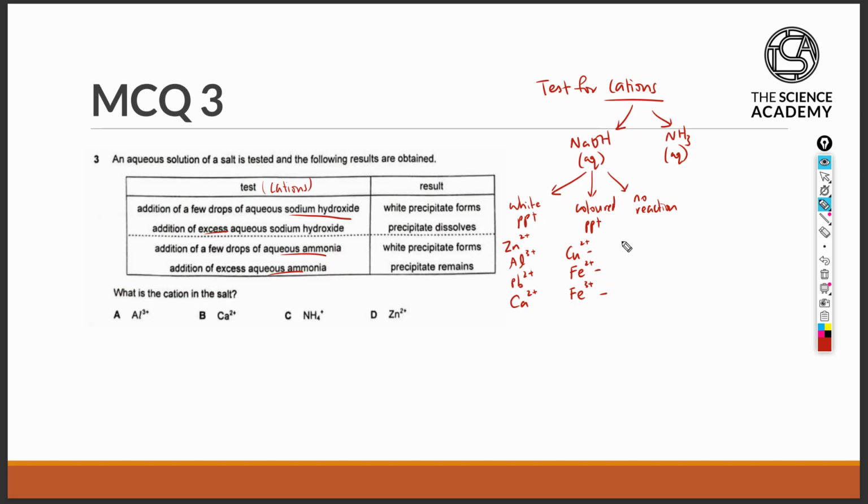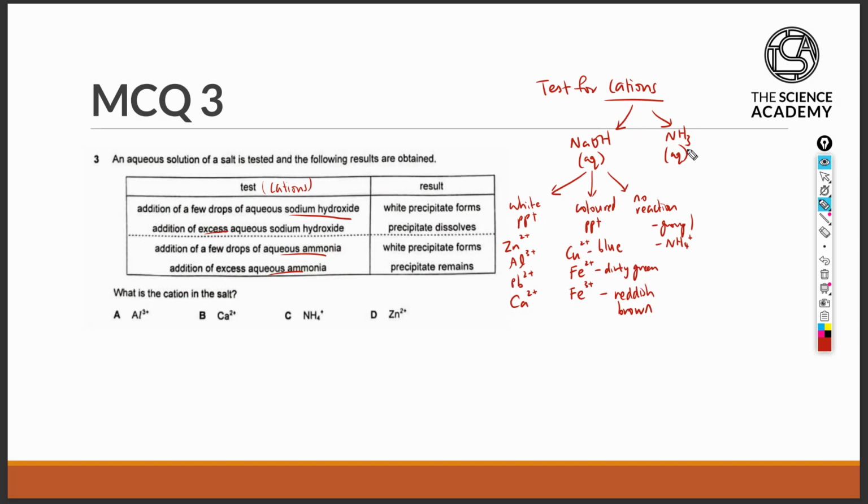The respective colors will be blue, dirty green, and reddish brown. When no reaction is seen, it could either be a group 1 cation or ammonium cation.